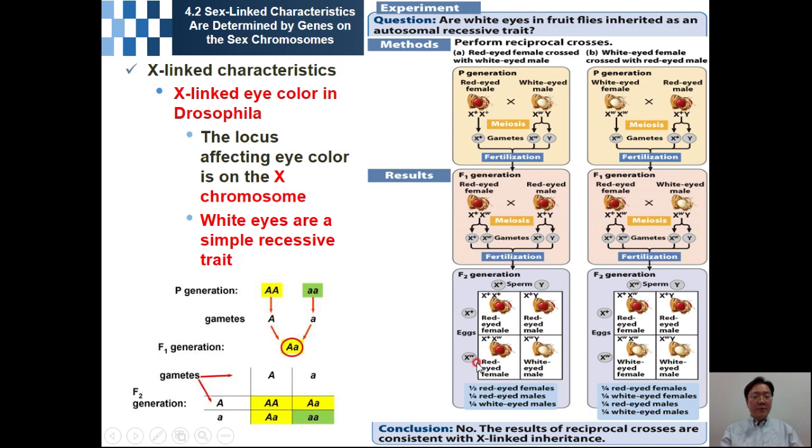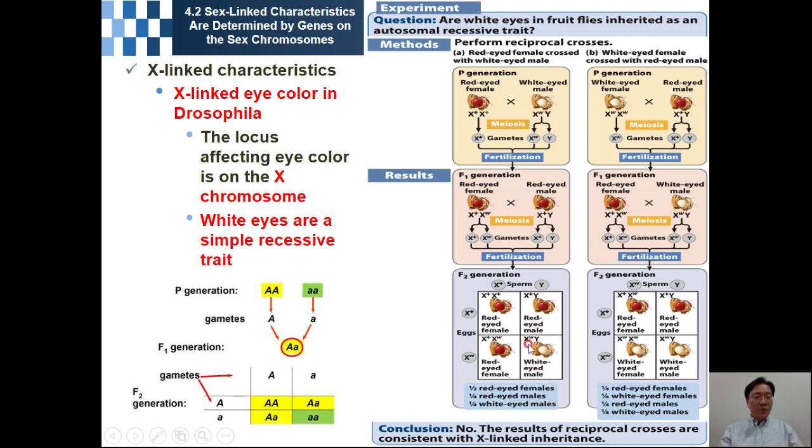This one is X plus XW, because W is recessive to plus, so they show a red-eyed female. How about this one? They will make XWY, a white-eyed male.